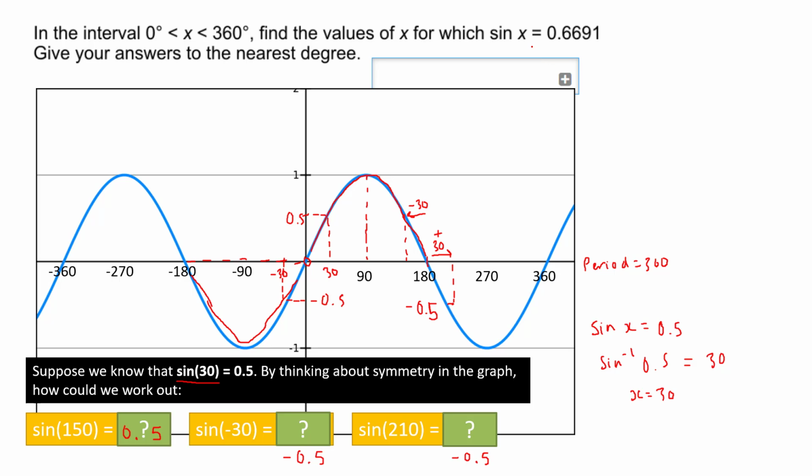So for this question, it is a calculator question, so you just inverse sine this number, 0.6691, and then you would get x equals 42 degrees to the nearest degree.